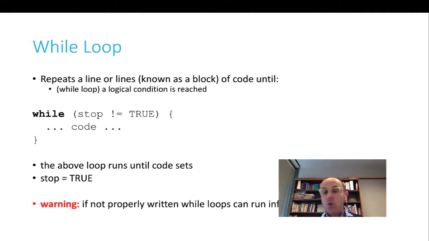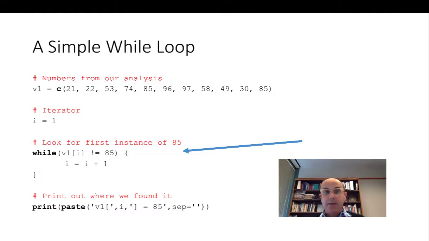But I want to warn you: if the condition written in the while loop is wrong, it can run without end, and it will keep on running without our ability to stop it.